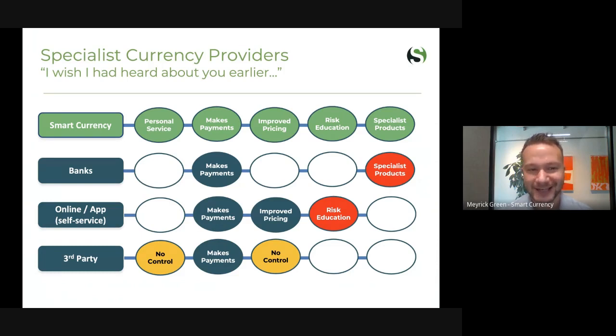Very, very easy infographic here to demonstrate what we do versus the competitors. Most of you will be comfortable if you have made a payment before using your banks. Others may use online platforms such as Wise. I think the key takeaway here is if it's a high value transaction, then ultimately you should be seeking some kind of guidance, having a conversation, because yes, we make payments. Yes, there's improved pricing around competitive exchange rates, which can yield a saving on a transactional level.